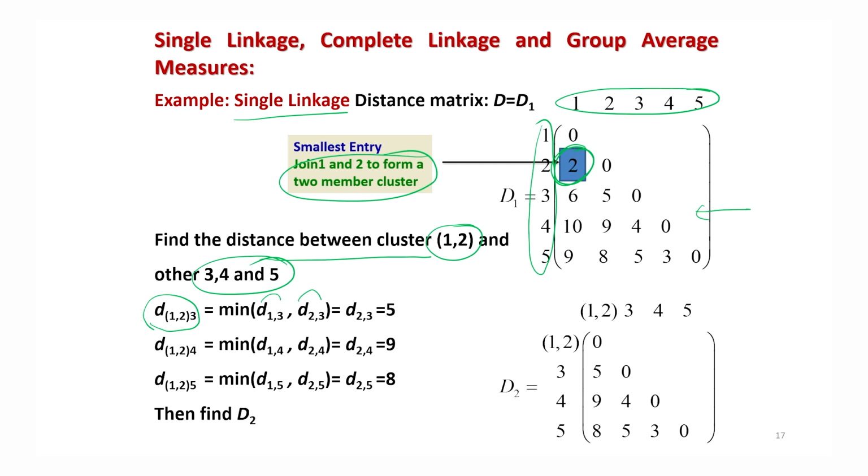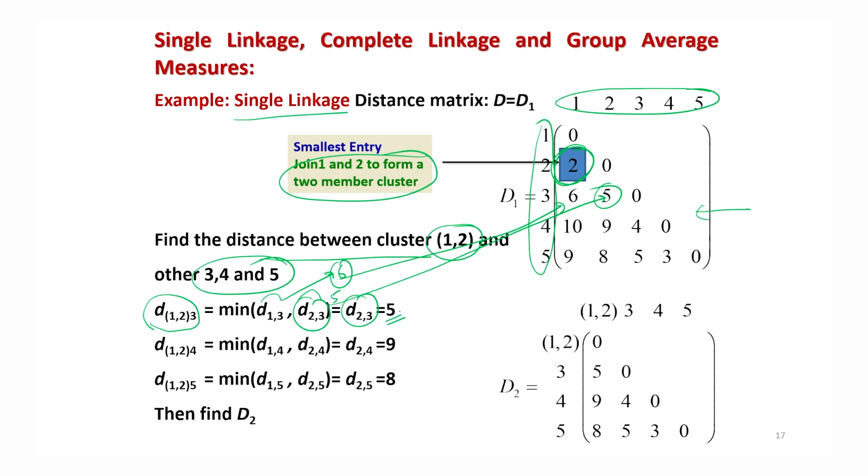So 1 and 3 here is actually 6, which you can see here, and the distance between 2 and 3 is 5. So the minimum between 5 and 6 is D23, which is equal to 5.